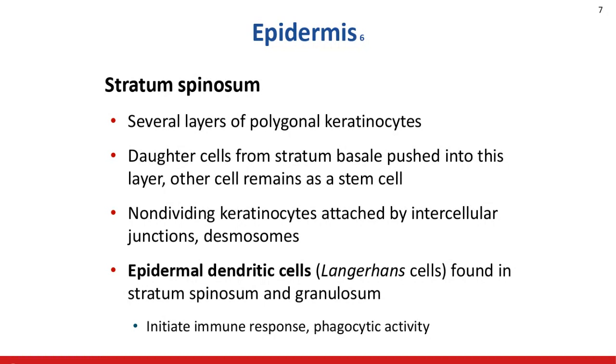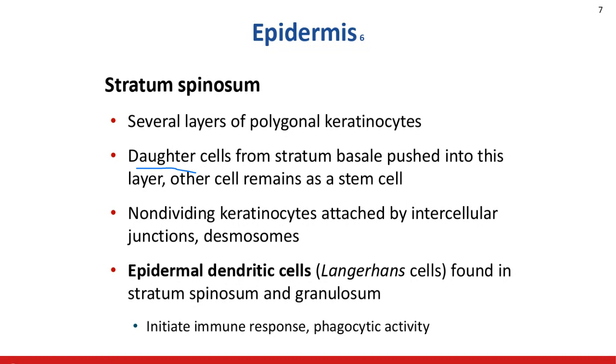One cell stays in the stratum basale, and the other cell moves into this layer. We call these daughter cells. The daughter cells are the cells that result from when a cell divides. One of the cells will stay in the stratum basale to divide again, and the other one moves into the stratum spinosum.